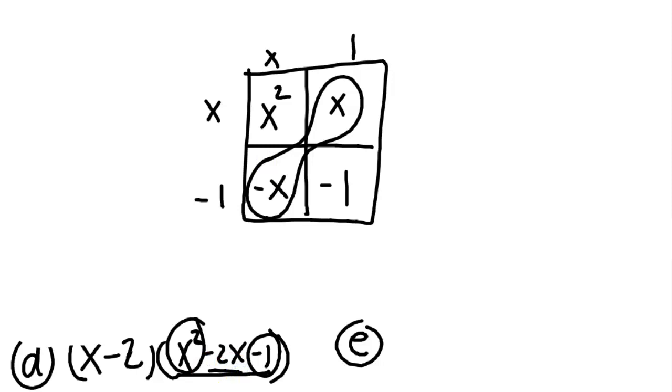And there's really no way to change this. I mean, I could switch where I put the negative 1 and the positive 1, but you're actually going to get the same answer. And I can't pick different numbers. So this polynomial is actually just not factorable. There's no way to get two things here that will add up to make negative 2. So the reason for that is because it's not factorable. It's prime.